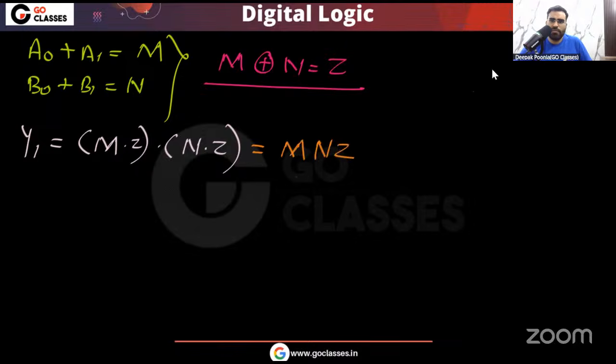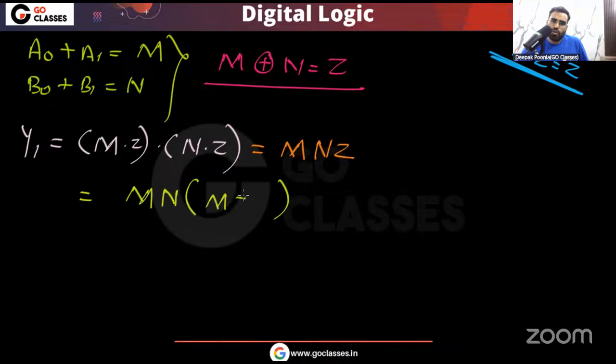Z and Z, that will be Z. So here I can say that you got M and Z. Now what is Z? Z is M XOR N.